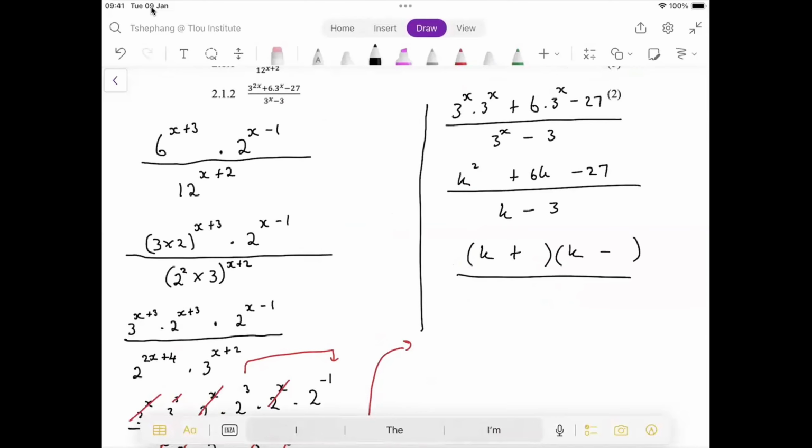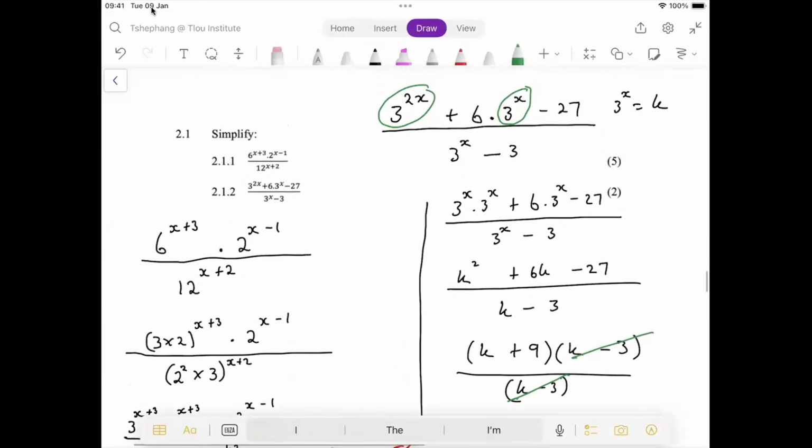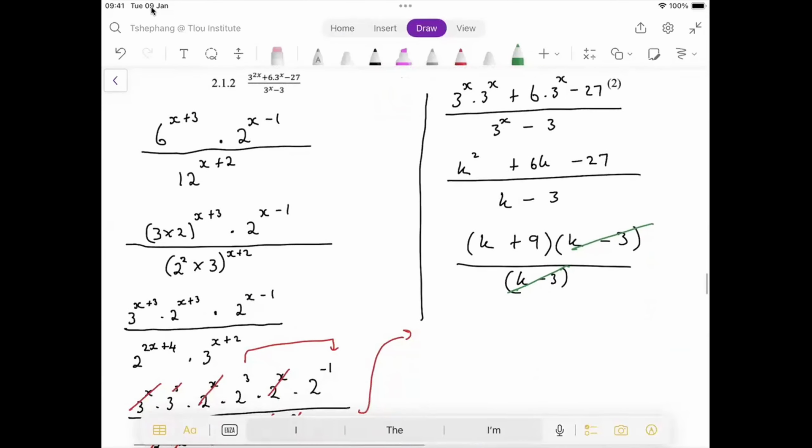Yes, I will, because it's 9 and 3. So I'm going to say this is a 3 here and a positive 9. K minus 3. Check what cancels. This cancels that. What are we left with? K plus 3. But what did we say K is? K is 3 to the x plus 9. So this would be your final answer.